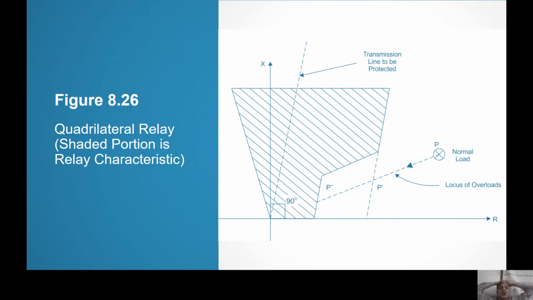Quadrilateral characteristic cannot be built, cannot be designed, cannot be rigged up by numerical or by static or electromagnetic relay. It has to be prepared, it has to be manufactured by numerical relay only. So only when numerical relay came into the market, this was possible.